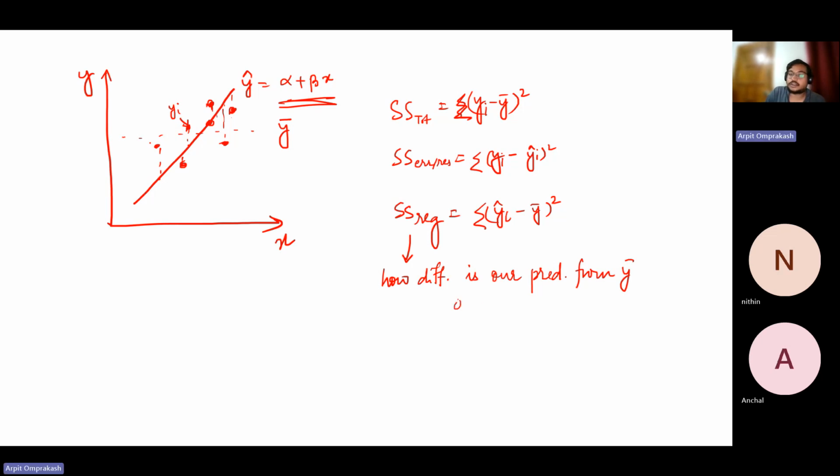Another way of looking at it is basically how much variance can be explained by the values we are predicting.